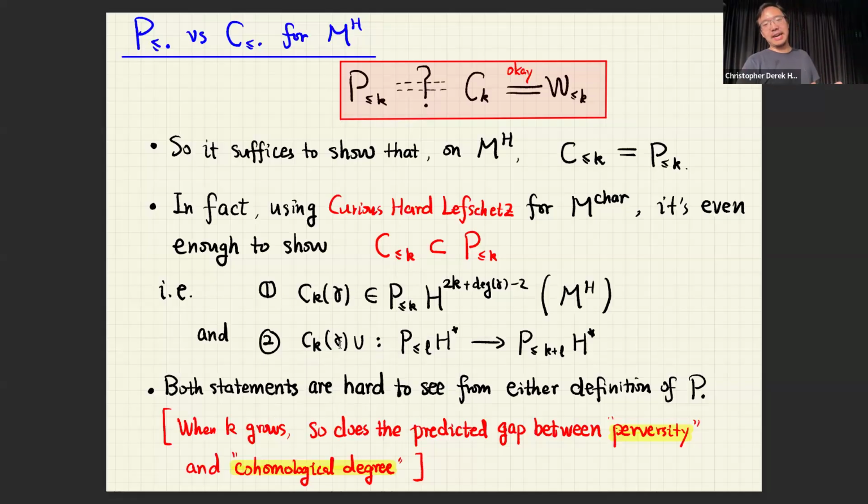Roughly, you can imagine that c_k(γ) has cohomological degree 2k, because you take the k-th Chern character of some object. The obvious perversity bound is also 2k, but from this prediction, you want this to be just k. You want to push the perverse degree down by a lot. In particular, when the rank of the Higgs bundle is higher, there are more Chern classes, higher Chern classes, and then the question is more difficult.